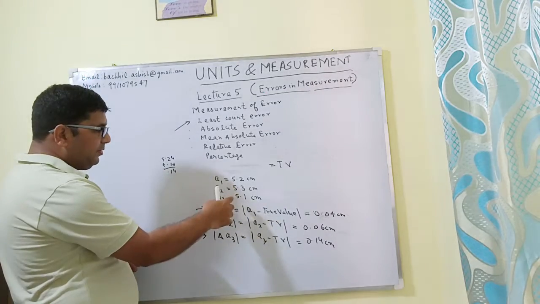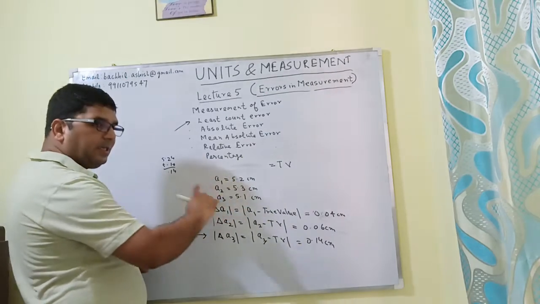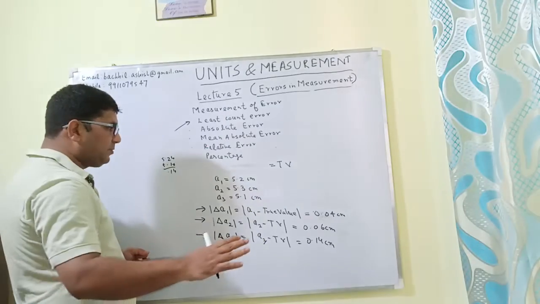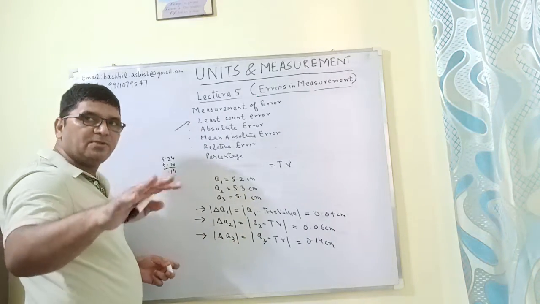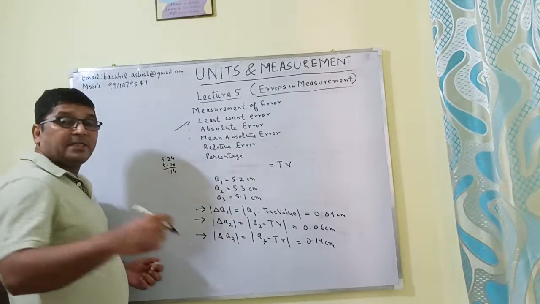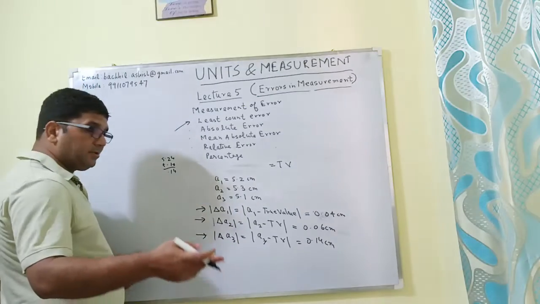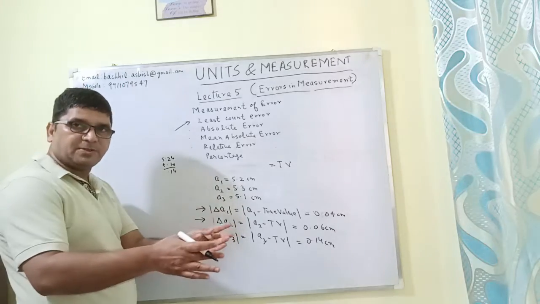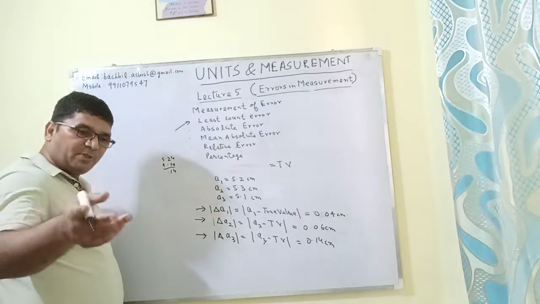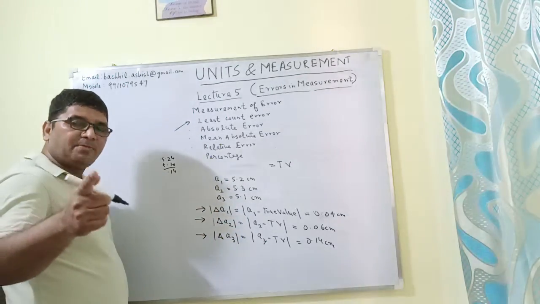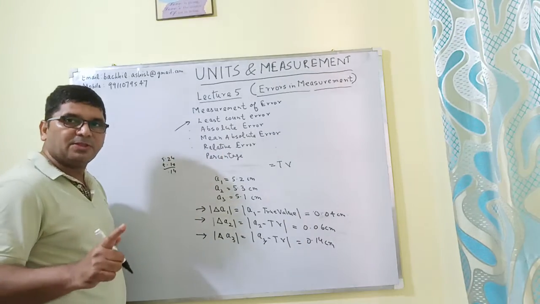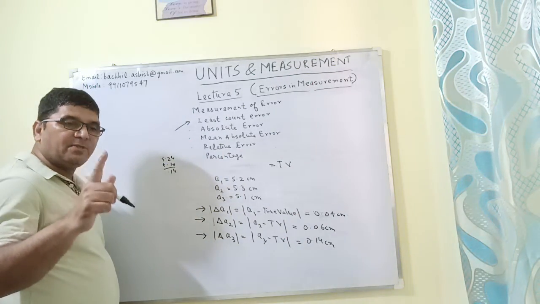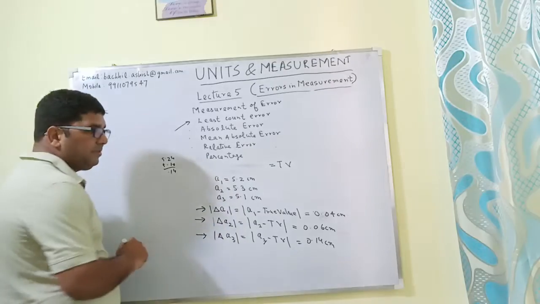I will take as many readings as possible when the true value is not known. I can take 5 readings also, I can take 10. The more readings you take, the closer you get to the true value. Okay. But one more thing, the true value is also dependent on the resolution of the measuring instrument. That is a very very important factor which you have to keep in mind.